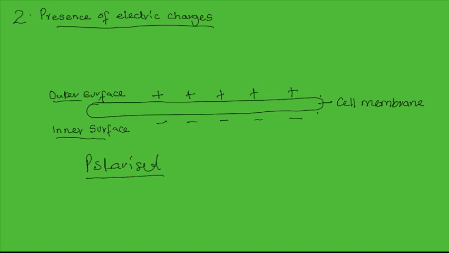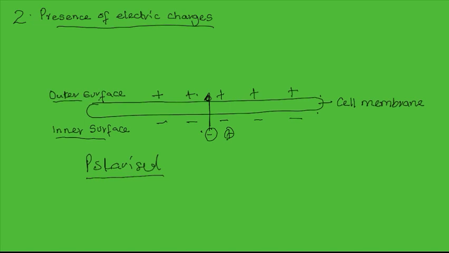For example, a negatively charged particle would move faster across the cell membrane from the inside to the outside than a positively charged particle. This is because of the polarization of the cell membrane. This negatively charged particle will be attracted by the positive charge on the outer surface, so it will move faster compared to the positively charged particle.